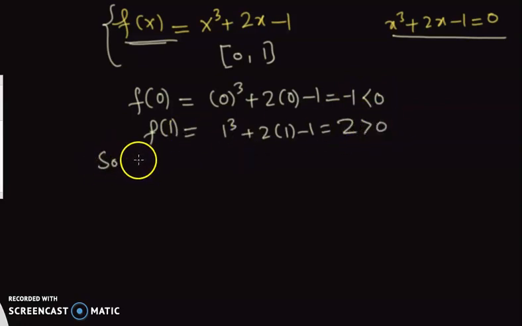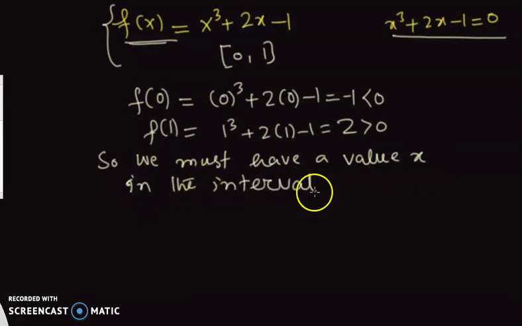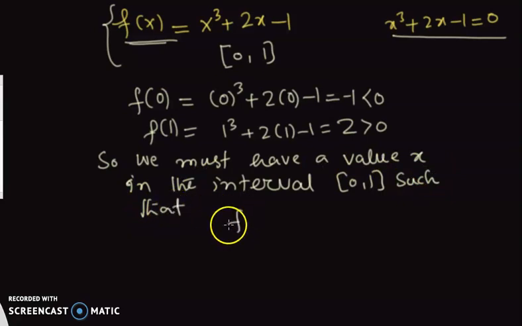So we must have a value, you can call that value c or x, in the interval 0 to 1 such that f of x is 0.